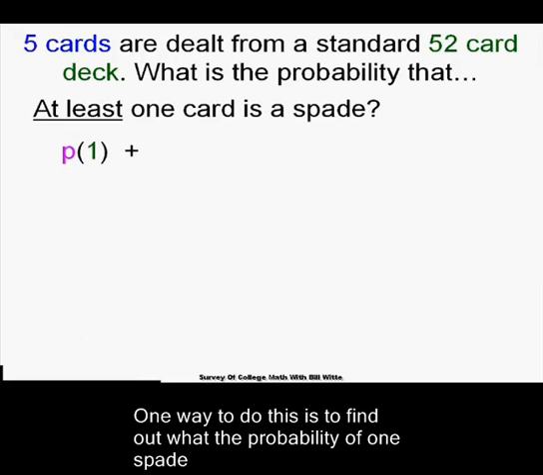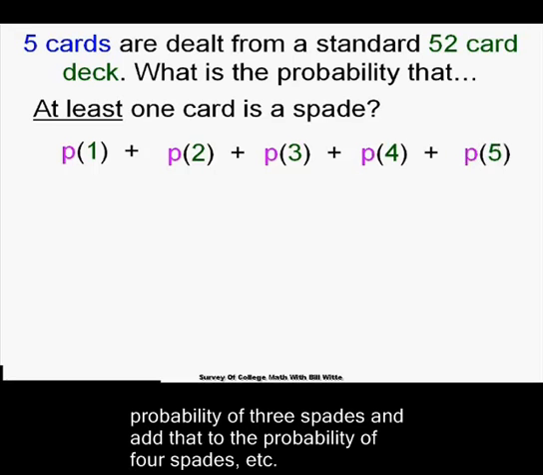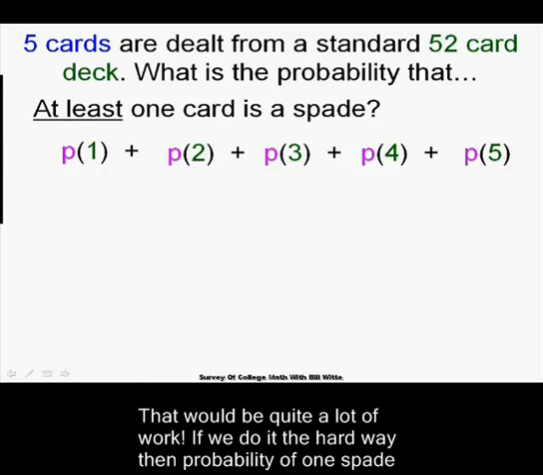Well, one way to do it is to find the probability of 1 spade, the probability of 2 spades, the probability of 3 spades, add that to the probability of 4 spades, and so on. It's going to be quite a lot of work if we do it the hard way.